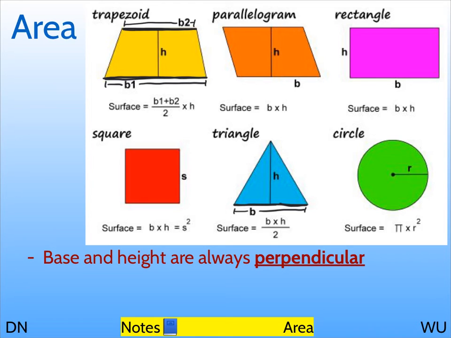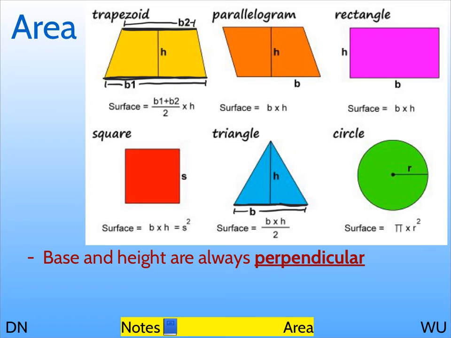I'm sure you've heard this one before, the area of a circle is pi times the radius squared. Now, some people think the radius squared is actually the diameter. It is not. You need to find the radius, you need to square it. If they give you a diameter, then first divide it by 2 to find the radius, and then do pi times radius squared.